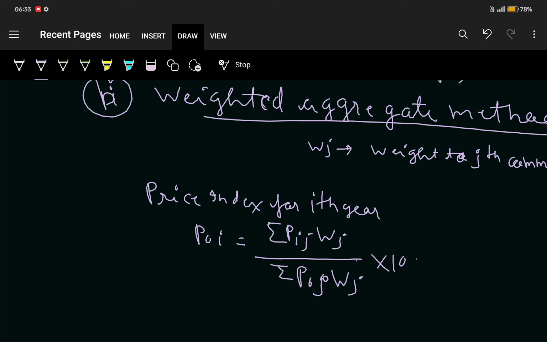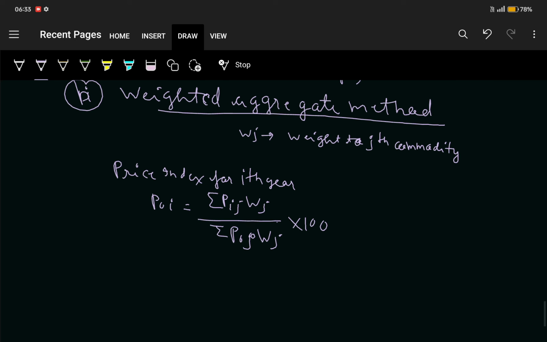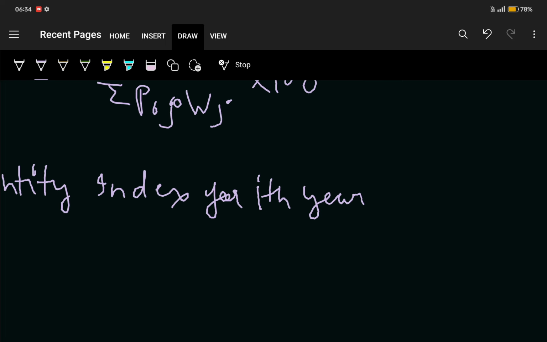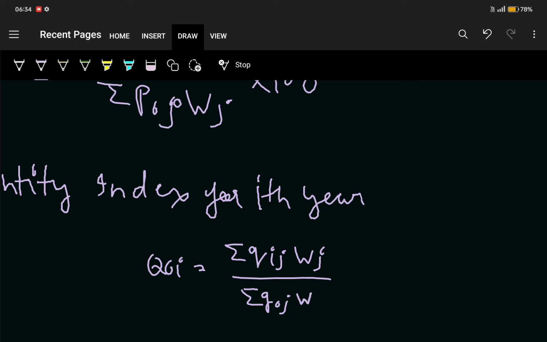This is price of jth commodity in the base year, and quantity index for ith year Q0i is summation Qij into Wj by summation Q0j into Wj into 100.